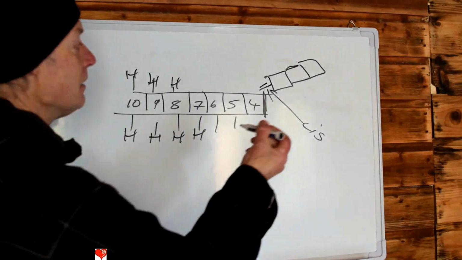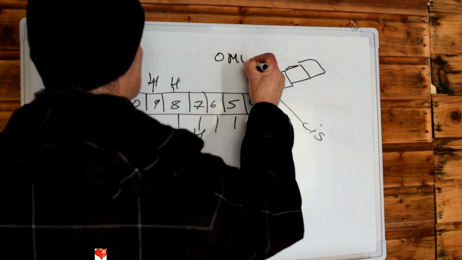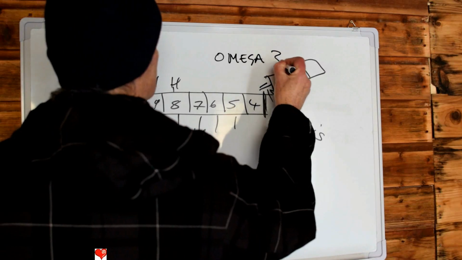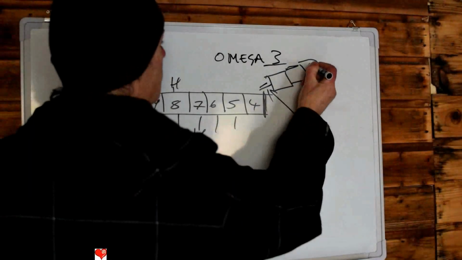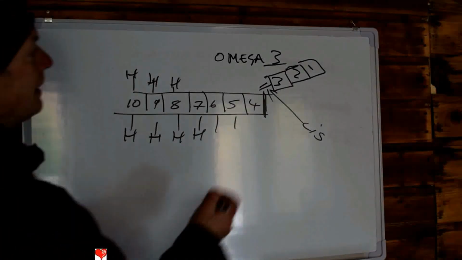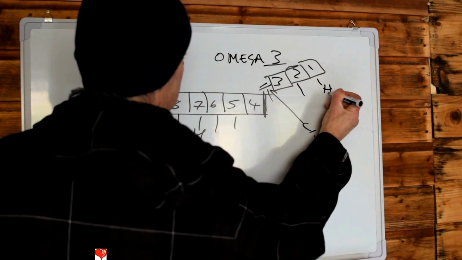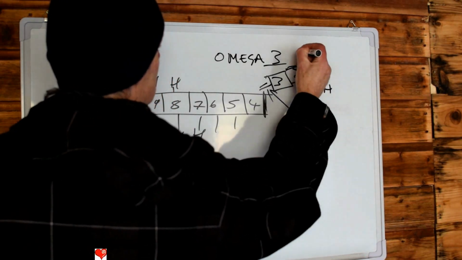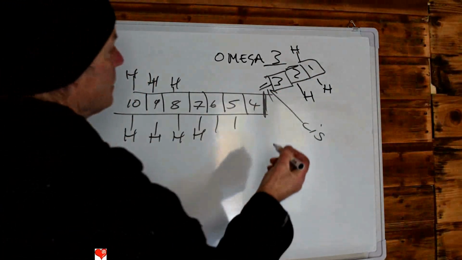This is an omega-3. Because the CIS bond is 1, 2, 3 in, okay? Here it lacks. There are no hydrogens, okay?